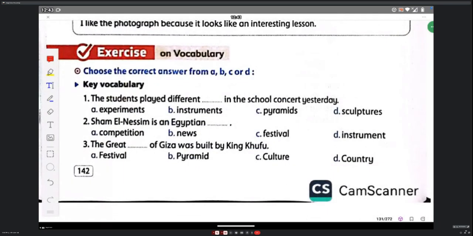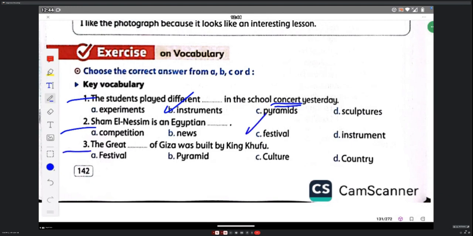The students played different instruments in the school concert. Sham El Nessim is an Egyptian festival.